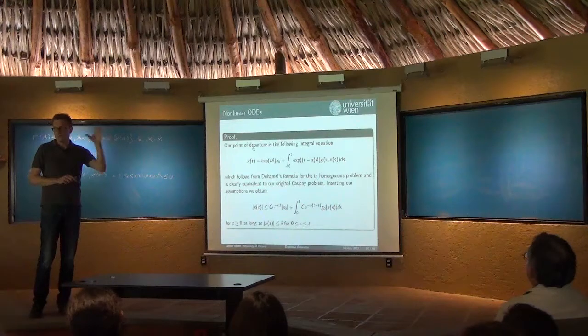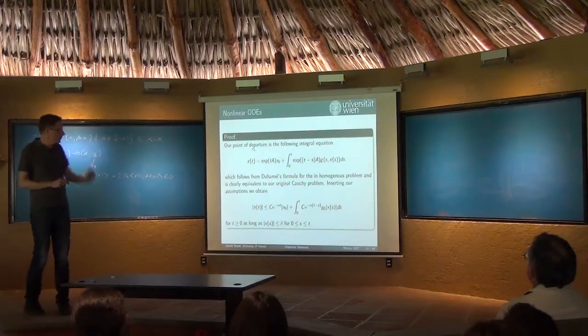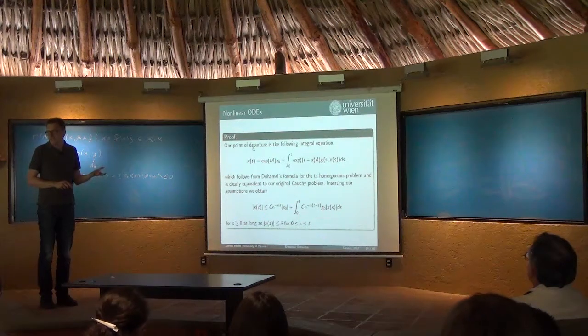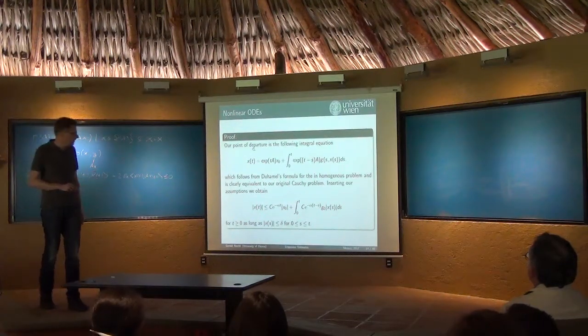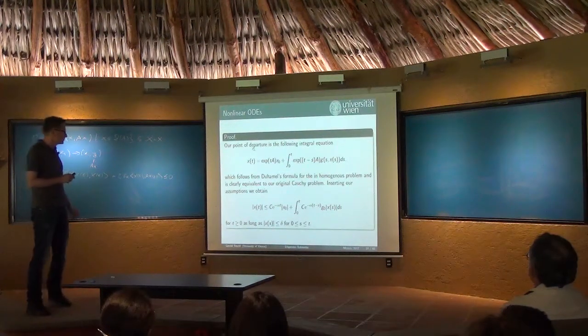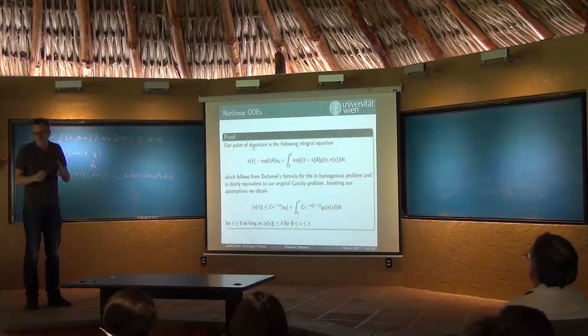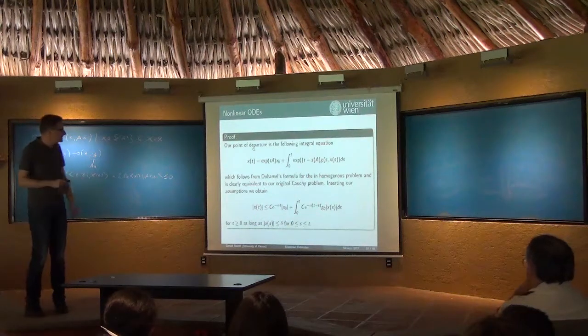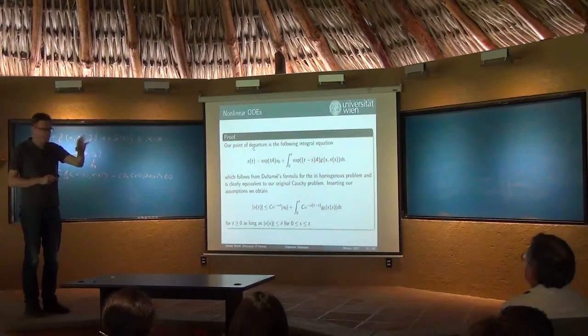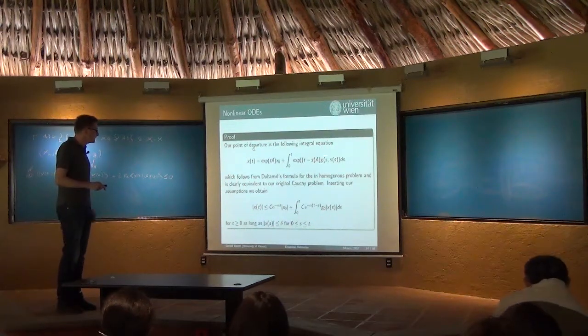If you formally apply this to your perturbed equation, then of course you don't get a solution formula, but you get an integral equation for your solution. And then you try to solve this integral equation using iterations. So you apply the Banach fixed point theorem to this thing here.